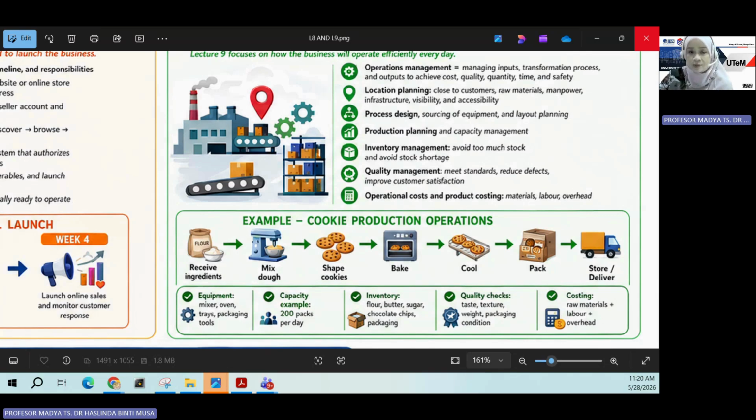It focuses on project management, digital platform, marketplace setup, payment gateway, your customer journey, timeline, and the deliverables of the company. And lastly, lecture 9 itself, operations management, will help you prepare the operations or production plan. It focuses on the inputs, the process, the outputs, the location, equipment, layout, capacity, quality, and costing, and so on.